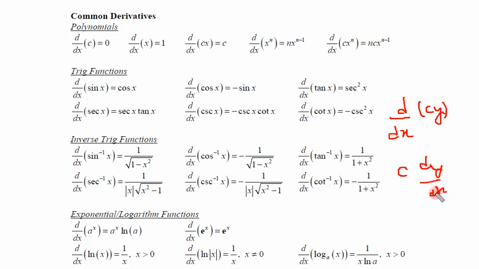So this is the differentiation of cy. The constant will come in front. If there is only a constant, this will be 0. If the constant is there with some variable, then the constant will come in front. If this is dx upon dx, this will become 1, that is c. So these are the important formulae that we have to remember.